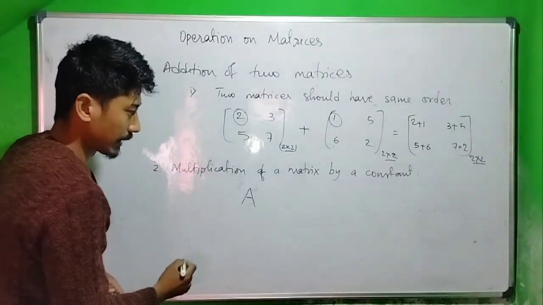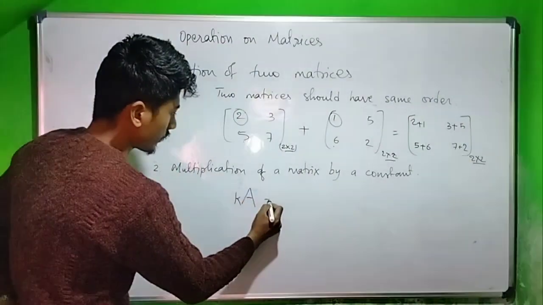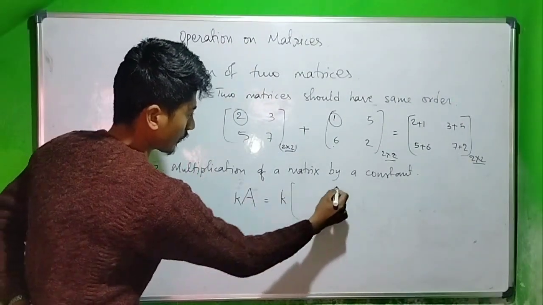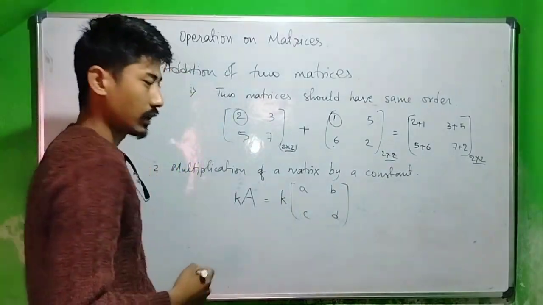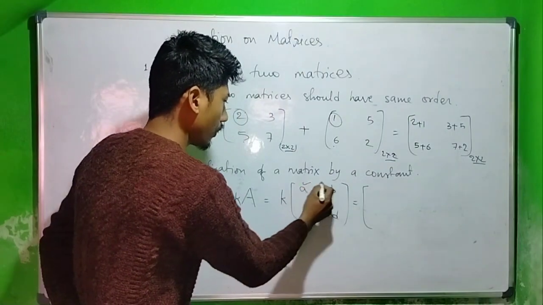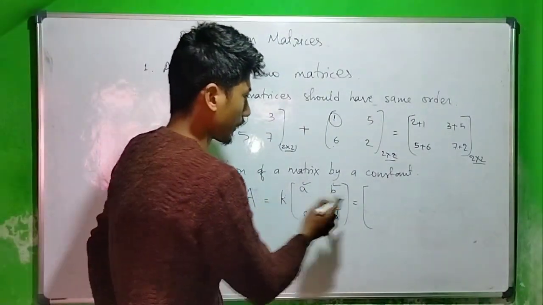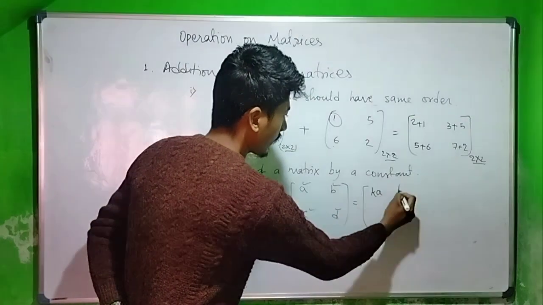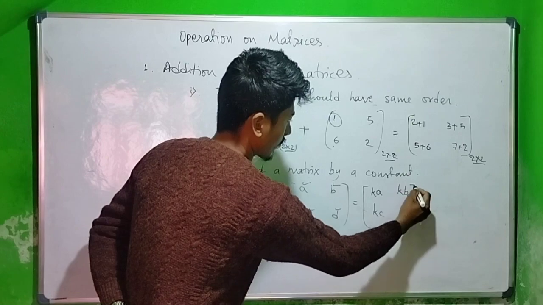If there is a matrix A and we are multiplying it by some constant K, let us take a matrix A, B, C, D, then we have to multiply all the elements of the matrix by K. So this becomes KA, KB, KC and KD.